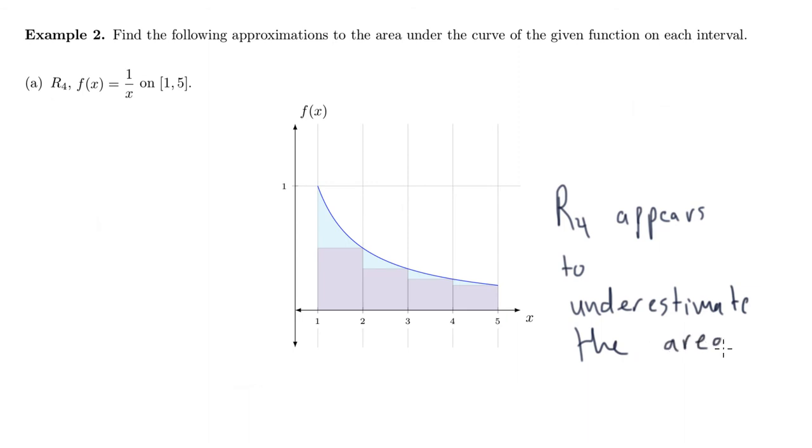And the reason I say that it underestimates the area is because all of these rectangles are kind of strictly contained within the area I'm trying to find. And so we're sort of missing this area, this area, this area, and this area. Okay, so that's kind of the idea. It's good to think about whether or not your approximation is overestimating or underestimating, or whether it looks like it might be pretty good. So there we go.